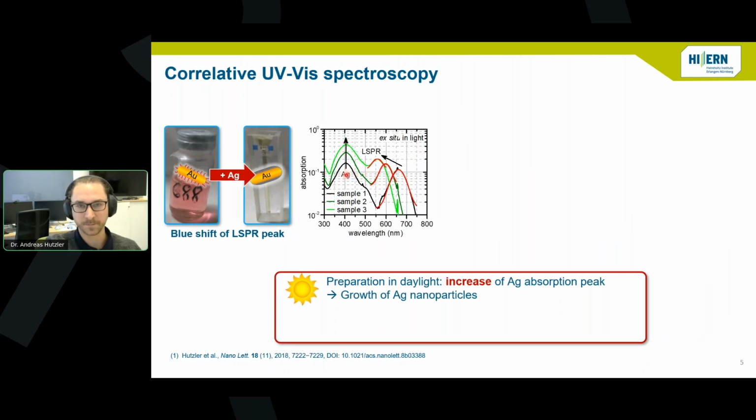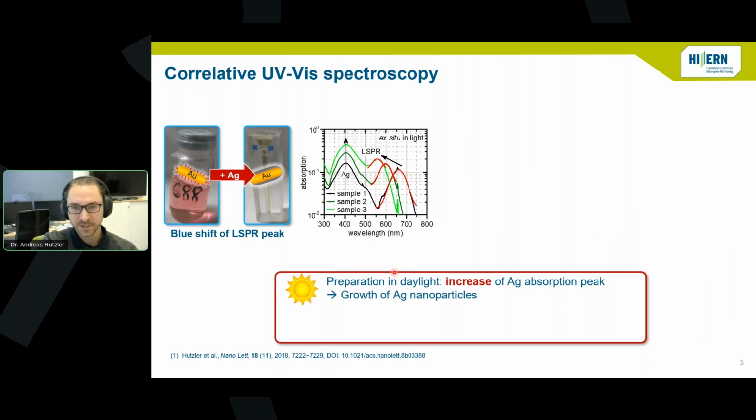One can be assigned to a silver absorption peak at roughly 400 nanometers. The second one is the longitudinal surface plasmon resonance peak, which is highly sensitive to the aspect ratio of these nanorods. So when the shell grows anisotropically, we change the aspect ratio, and this causes a blue shift of this LSPR peak.